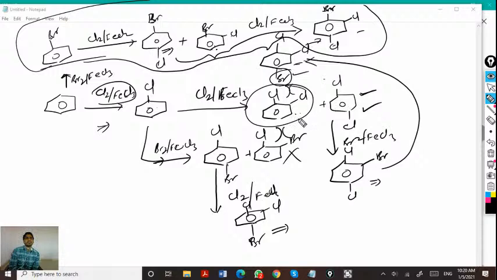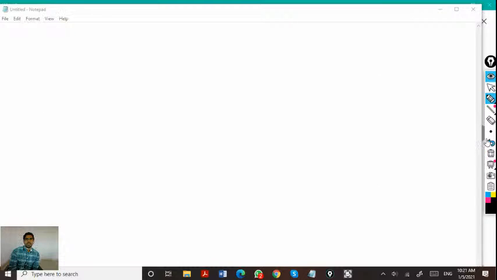The other product may be 20%, let's say, so there is a loss of 20%. If another isomer is generated, there will be another 20% loss. So the most efficient way to synthesize this is initial bromination followed by dichlorination.